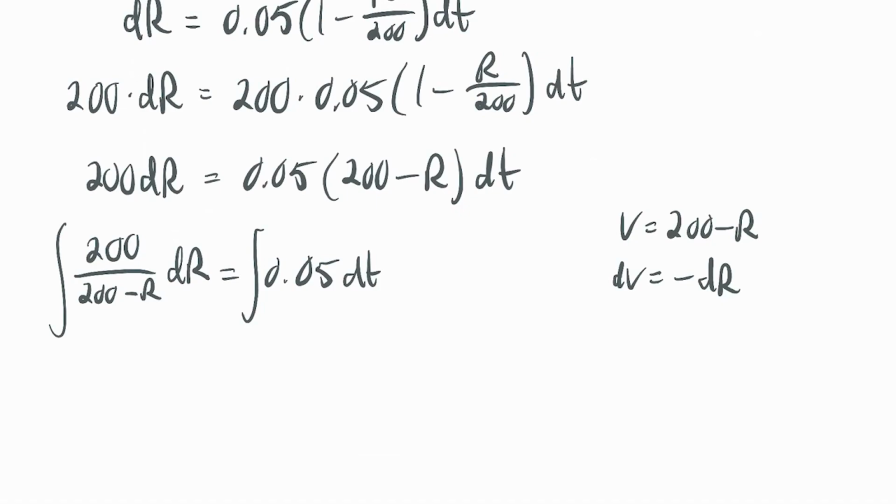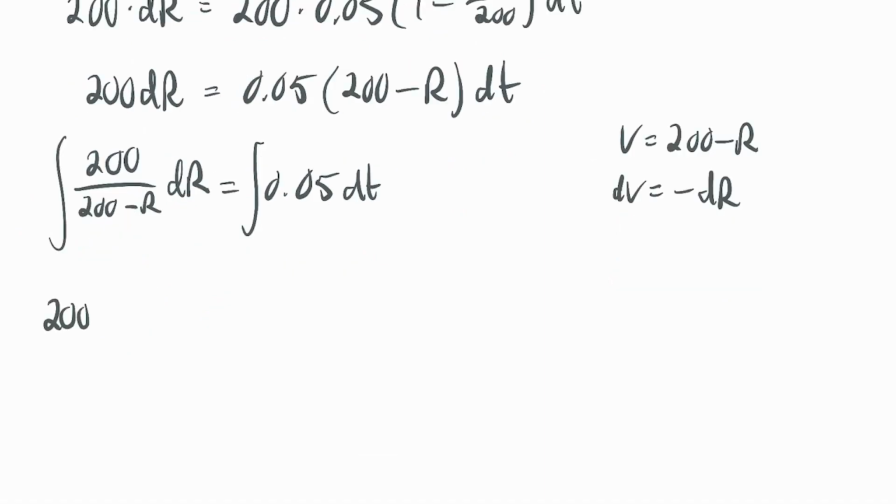Okay. So that means I can move this 200 out in front. It's just sort of in the way. Put it out there. And I'm going to need a minus sign. So I have to borrow a minus sign and put it in the integrand. So 200 times the integral of 1 over 200 minus r, we haven't made the change yet, times, well, instead of dr, I'm going to write negative dr, because that's what I need to have according to this.